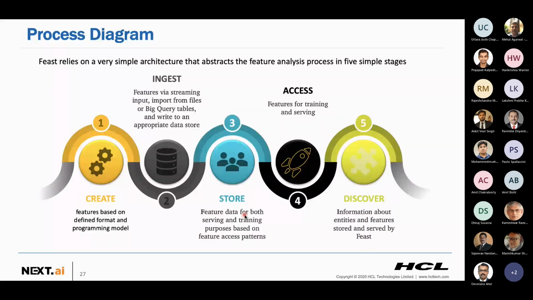Later on, this data is fetched to train the model in the training phase, and it can even be materialized or loaded to the online store like Redis, so that we can serve the data that has been stored in the online store and get the predictions for them.